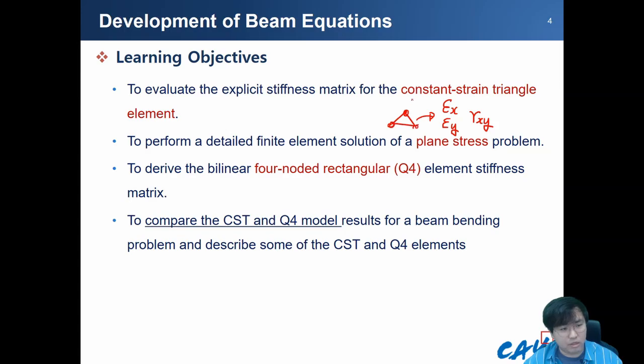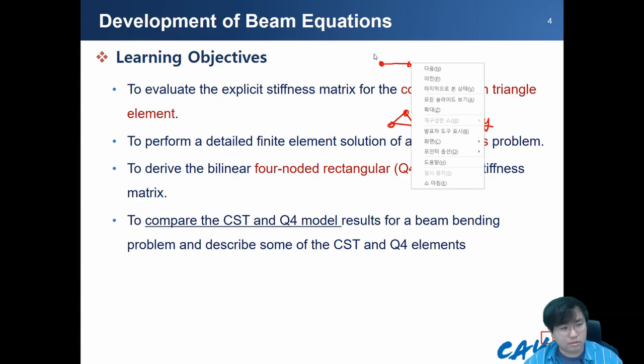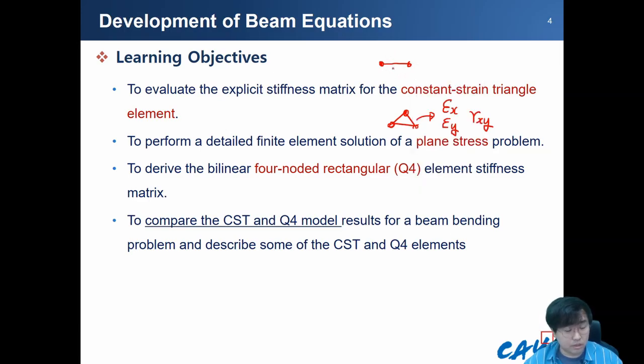Let's go back to one-dimensional space. Let's think about a one-dimensional beam or truss element. Here we can obtain the displacement at each nodal point. However, for their strain value in this simple 1D element, the strain always returns a constant.